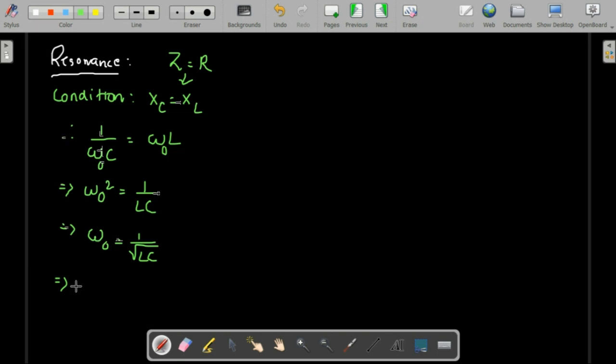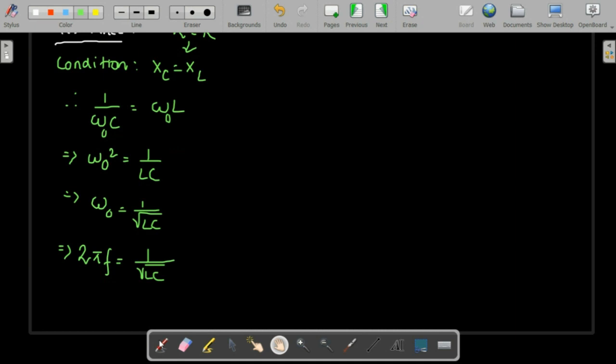So this is my resonant frequency, this is the angular frequency. Let's write down the linear frequency. So that means f is equal to 1 by 2 pi root LC. Okay, so this is my resonant frequency.